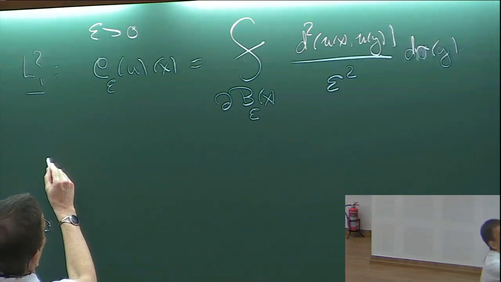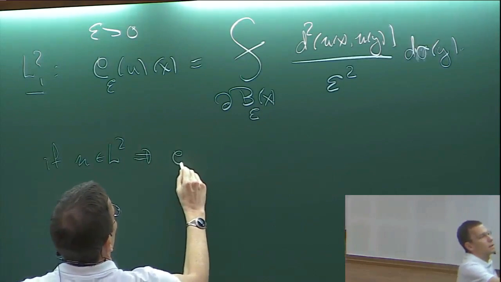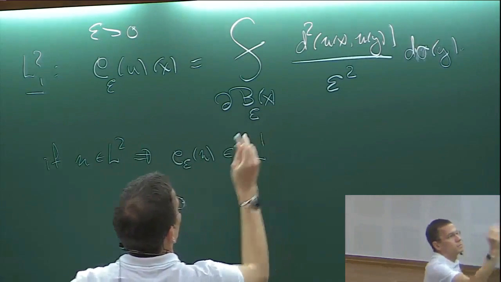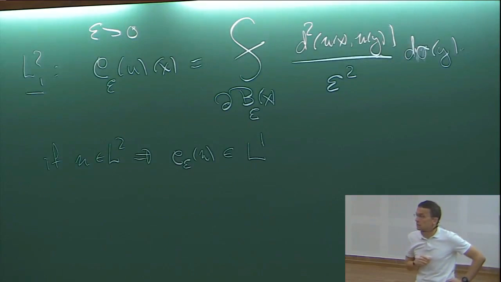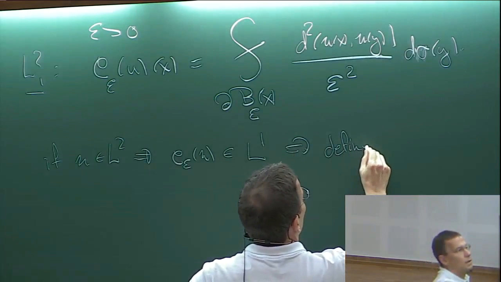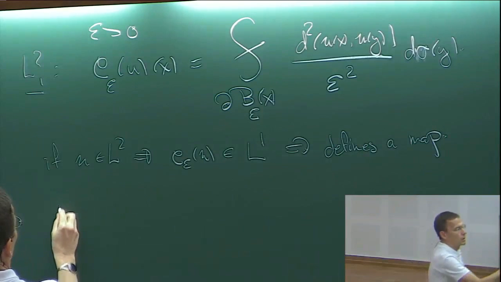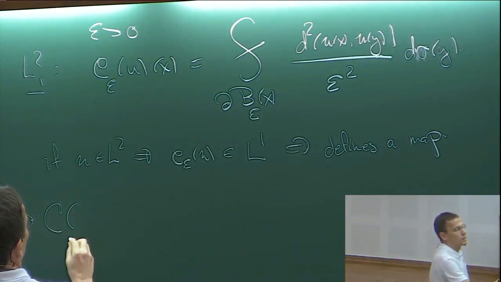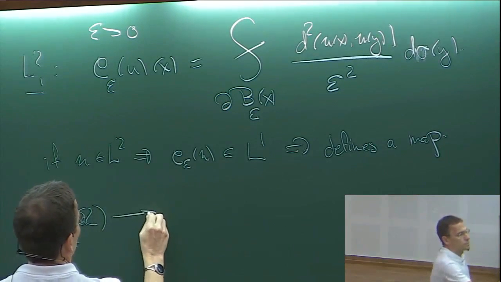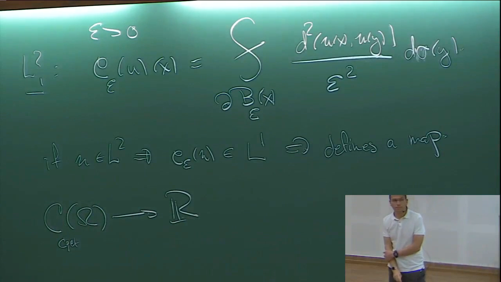And so if u is in L2, then that implies that this approximate energy is in L1 as a function on x. And so in particular, it defines a linear function on all the continuous functions, say with compact support or something, on omega into R, by integration.